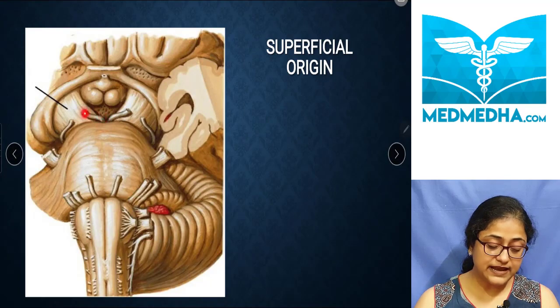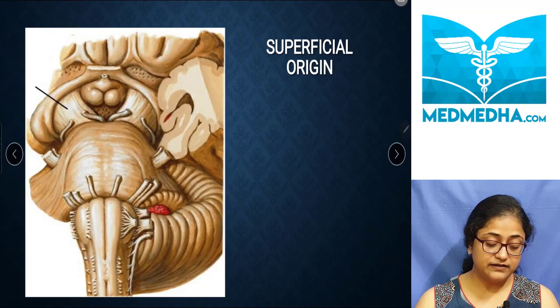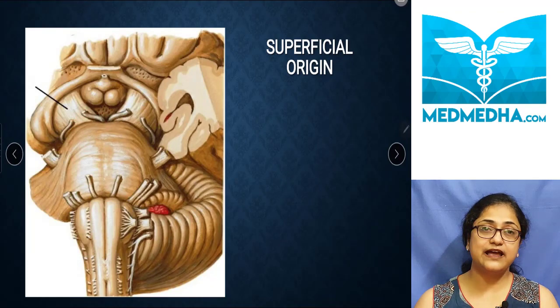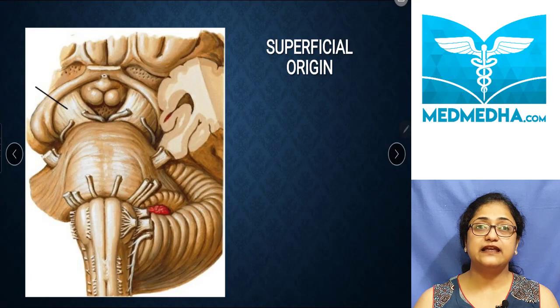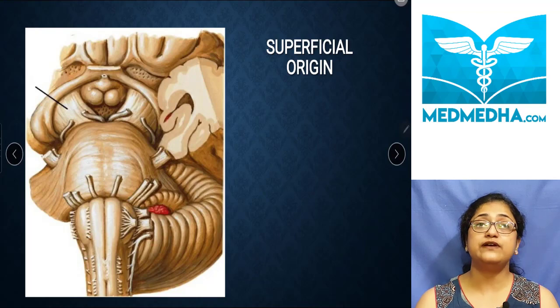And on the medial side of that basis pedunculi, you can see coming out is one cranial nerve, and from the lateral aspect is coming out another cranial nerve. This cranial nerve, which is coming out from the medial side of the crus cerebri, that is the superficial origin of the oculomotor nerve. So, that is where we have to identify the nerve when you are given a specimen of the brain stem or the specimen of the entire whole brain.